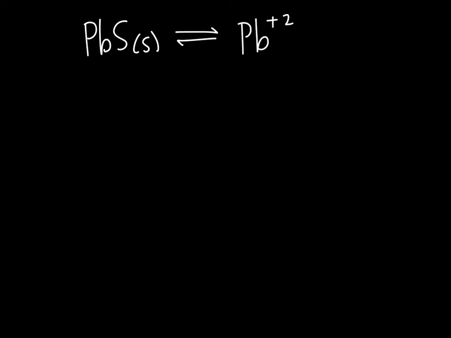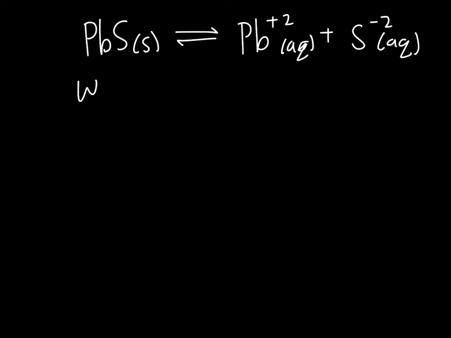For this one, let's do PbS as a solid. When this separates into its ions, that would be aqueous lead, and then sulfide, aqueous. I want you, for this one, to solve for the concentration.